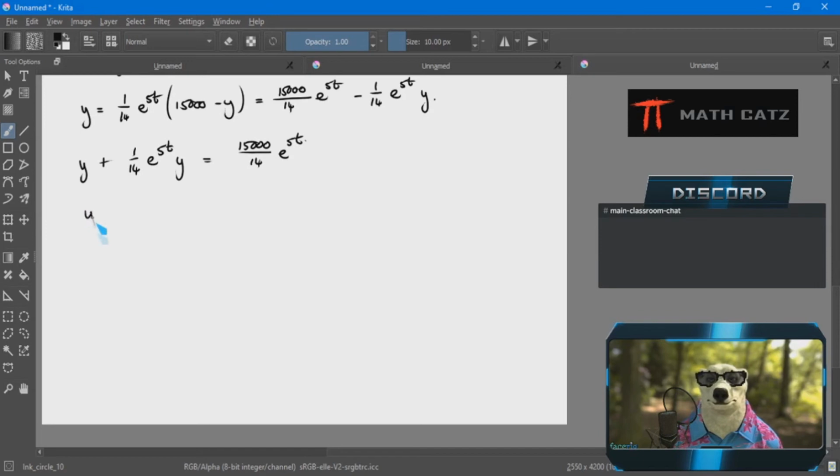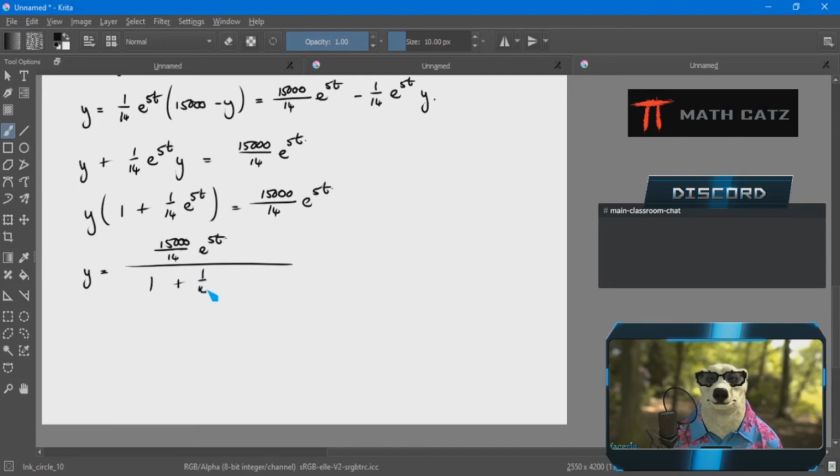Now I can take out y, and I have 1 plus 1 over 14 e to the 5t equals, and I'm not skipping or merging too many steps so that you can follow this easily if you need to, or if you're struggling with this. Divide both sides by the bracket to get to a point where we are almost done. 1 plus 1 over 14 e to the 5t, just like the basic differential equation. For the basic exponential growth, you do this a few times. It is not super complicated.